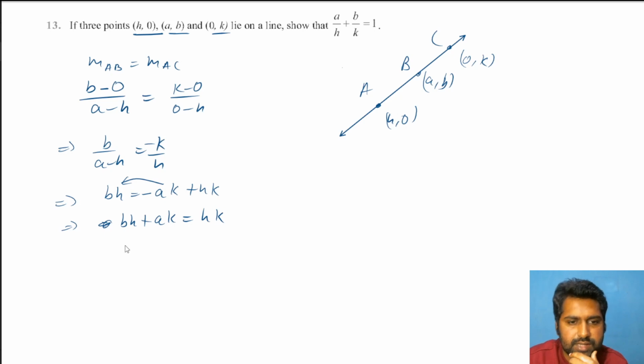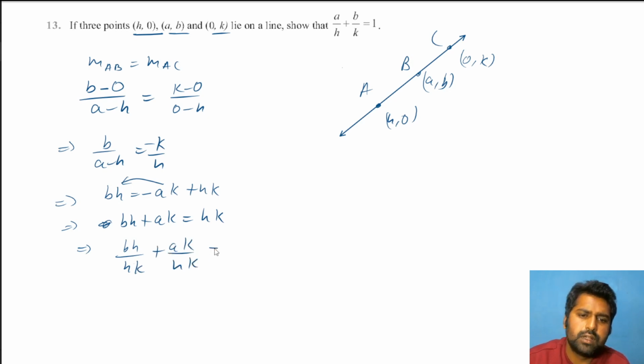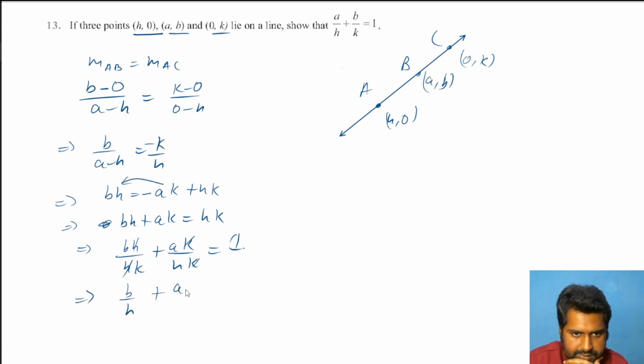If RHS is 1, that means we have to take this hk in the denominator, so bh by hk plus ak by hk is equal to 1. Now h cancels, k cancels, so what do you get? b by k plus a by h is equal to 1, and that was your 2 proved, hence proved.